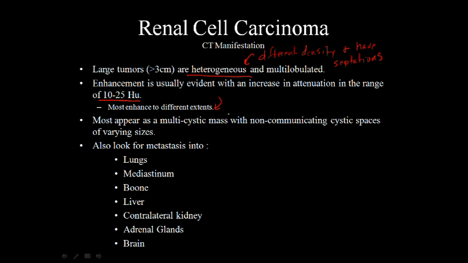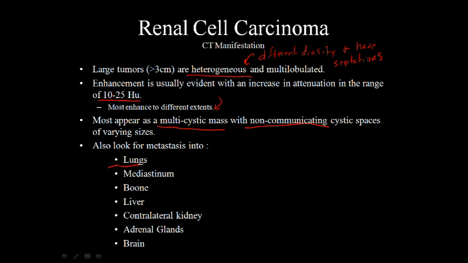And so you're not going to have everything enhanced the same way, but because of heterogeneous densities, you're going to see them enhanced to different extents. Most appear as multicystic mass with non-communicating cystic spaces of varying sizes. And so that's going to be septations because they're non-communicating, and it's going to be multicystic.